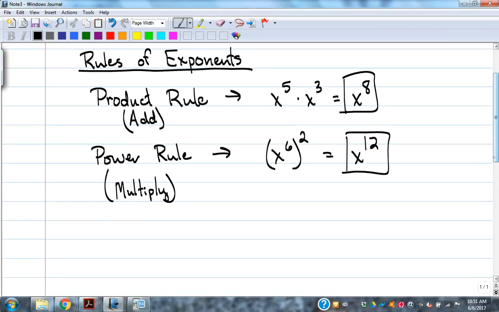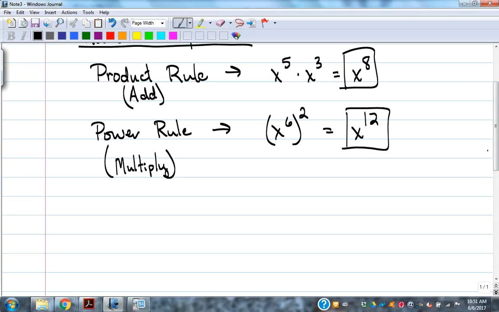We're getting some examples as we go here. And then the other exponent rule that we'll deal with here is the quotient rule. Quotient. That's division. And division is the opposite of multiplication.